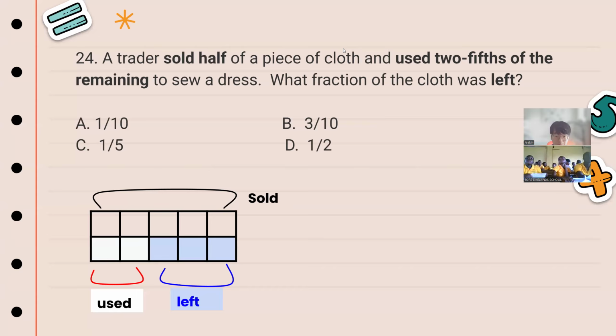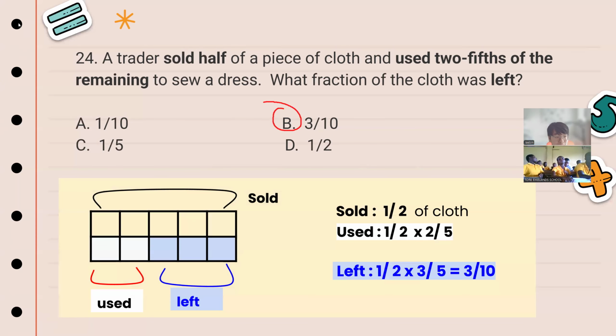If you said B, then that is correct. Great job. What remains is 3/5 of the half of the cloth. So if we just look at this half, then we used 2 of the 5, right?